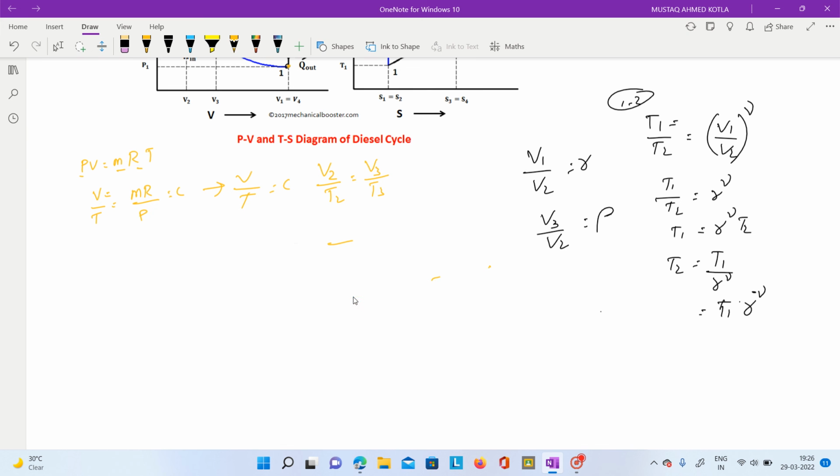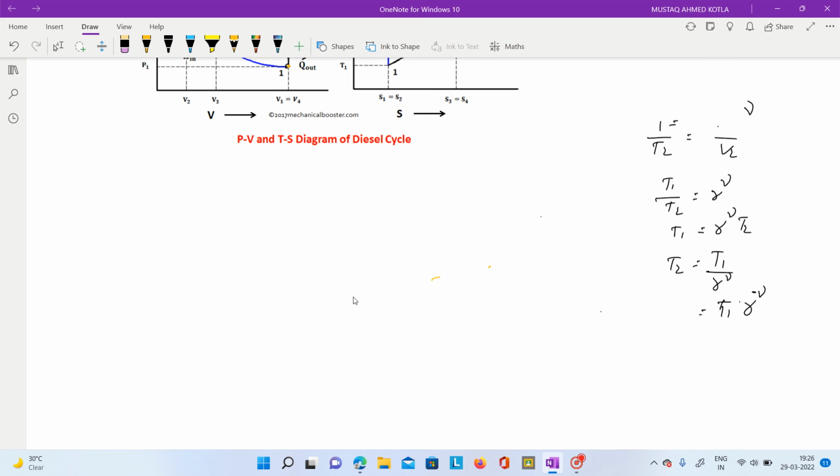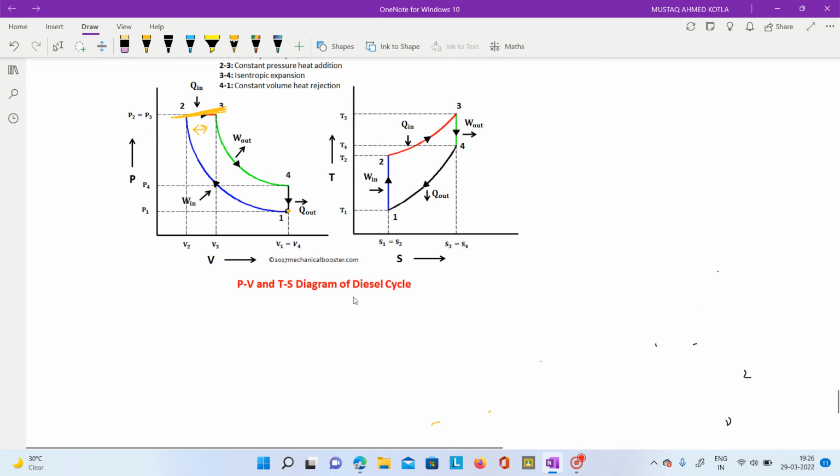Now let us discuss process 3 to 4. What is 3 to 4? Adiabatic expansion, where work done is coming out. Here PV power gamma equals constant.